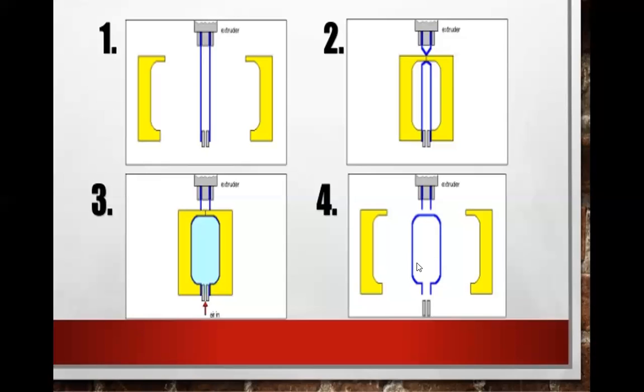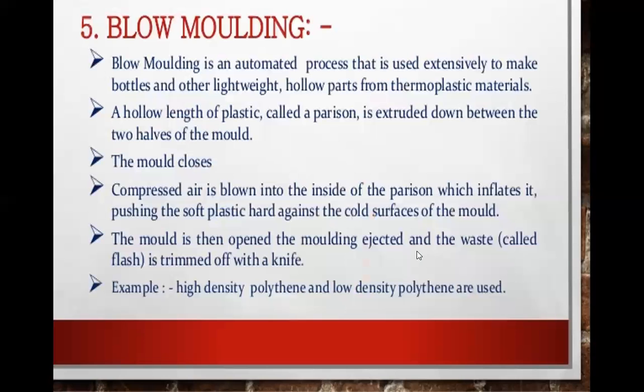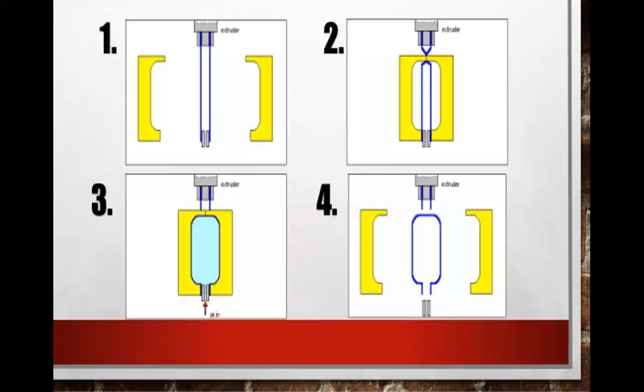This method is mainly used for the manufacture of water bottles, plastic jars, and other high density polythene, and low density polythene can also be prepared by this method. So the mold is then opened and the molding ejected and the waste is trimmed off with a knife. So this is about the blow molding process.